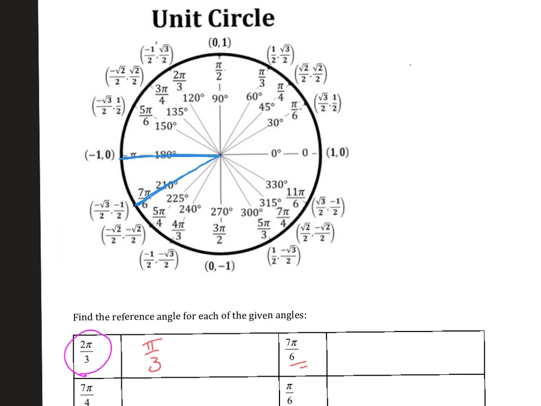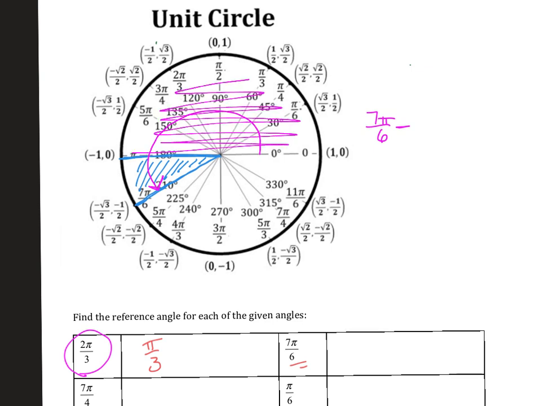Okay, so now the question is, how many radians are there in this little wedge, right? How much is in that little wedge? So what I'm going to do is figure out, if I know that from here all the way to here is 7 pi over 6, and I subtract out the half circle, then I'm left with the blue wedge.